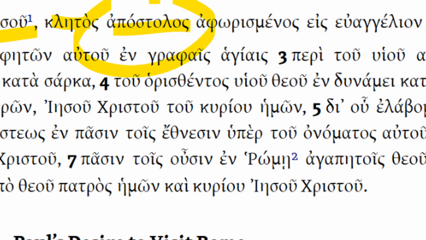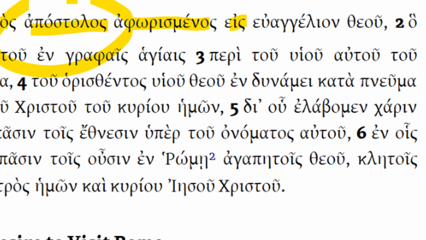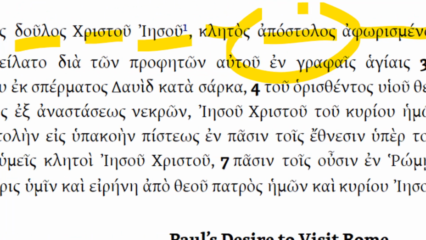I bet you can guess what that word means. Apostolos. It's an apostle. Aphorismenos eis euangelion. Notice here we have those two gammas. They make the ng sound when they're together. He's set apart for the euangelion theou, for the gospel of God.